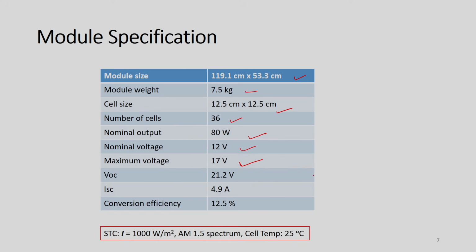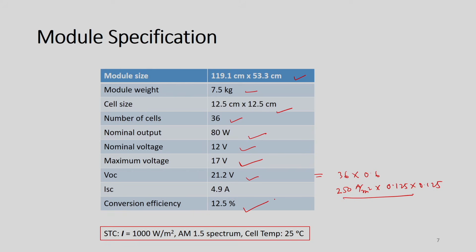So, this can be very easily calculated. 36 multiplied by 0.6 will give this, and here if we consider about 250 ampere per meter square as the average, multiplied by the area, which is 0.125 into 0.125, that way you can calculate ISC values.